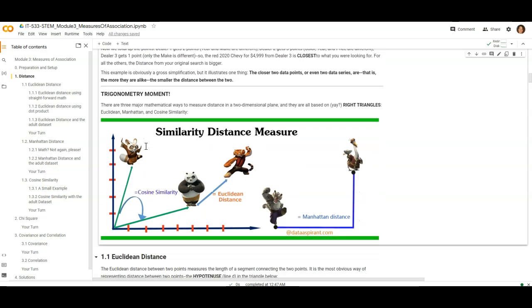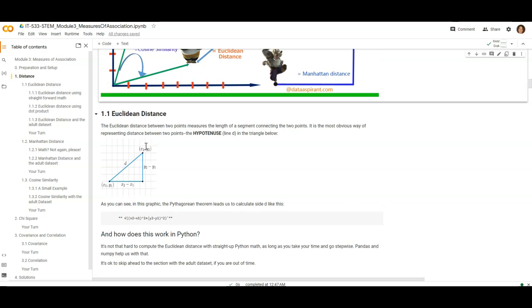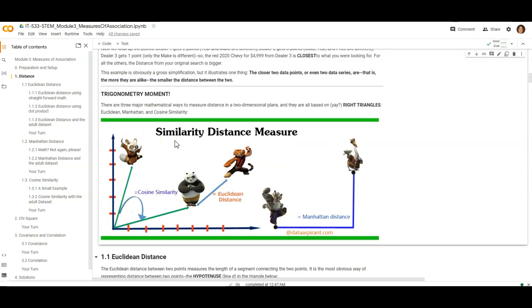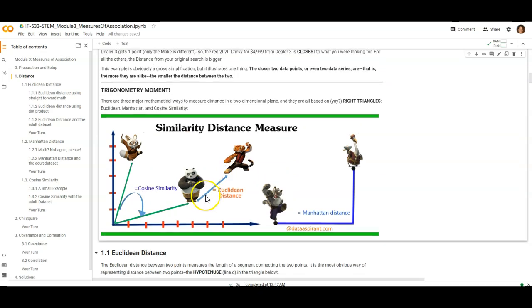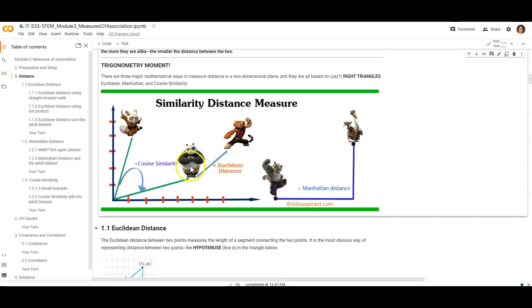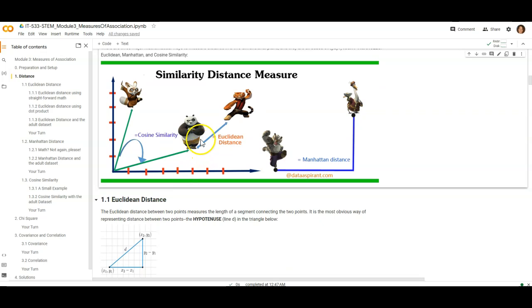So let's have a little trigonometry moment, shall we? Because when we talk about distance, we're essentially talking about triangles. When we talk about Euclidean distance, we talk about the direct path from point A to point B here, and that is typically a diagonal path. When we talk about Manhattan distance, we talk about a path that involves a right angle.